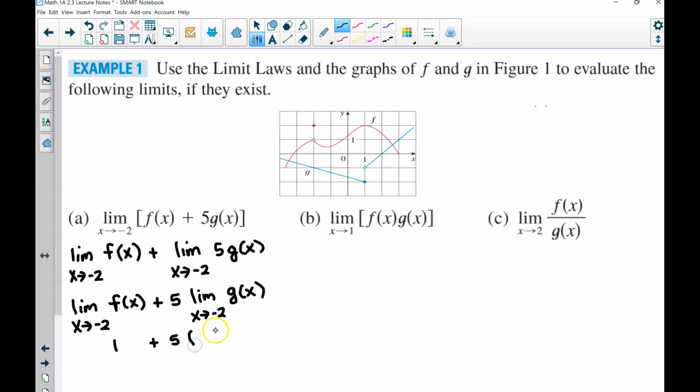Now we have to find the limit of g of x as x approaches -2. Looking at the function g, as x is approaching -2 from the left and from the right, we can see that the limit is -1. So now we just need to evaluate using order of operations. 1 plus 5 times -1 becomes -4.